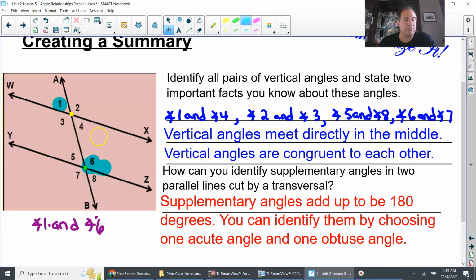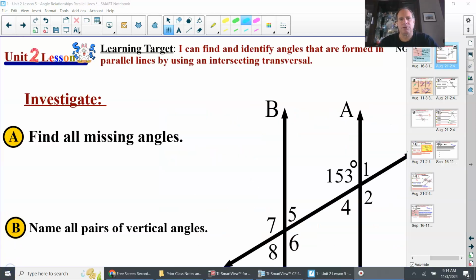Supplementary angles are 180 degrees. They do not have to be next to each other, but one has to be acute, one has to be obtuse.